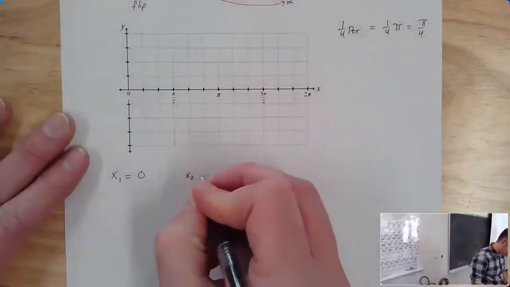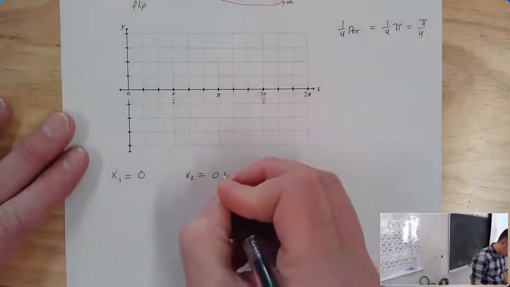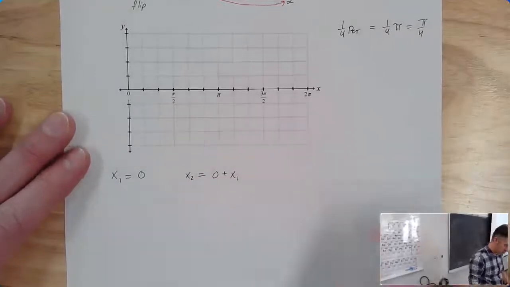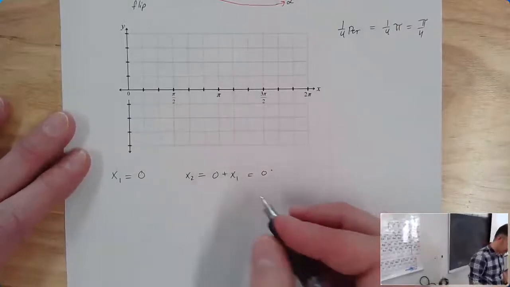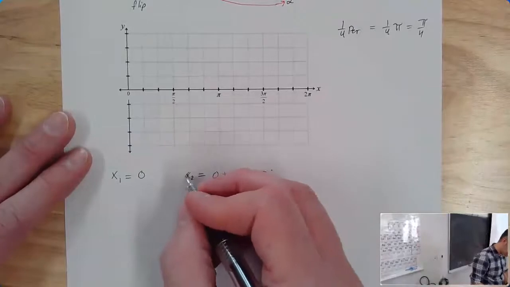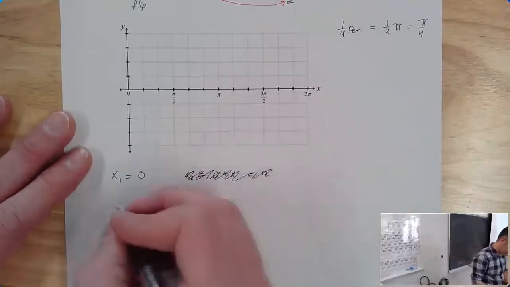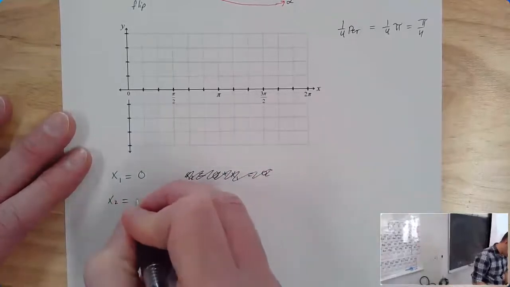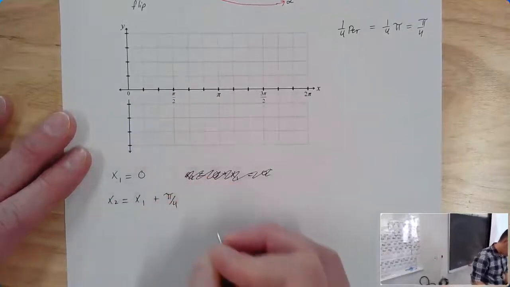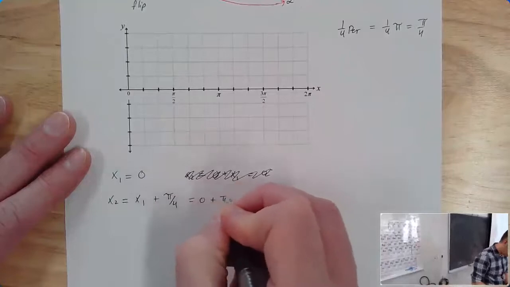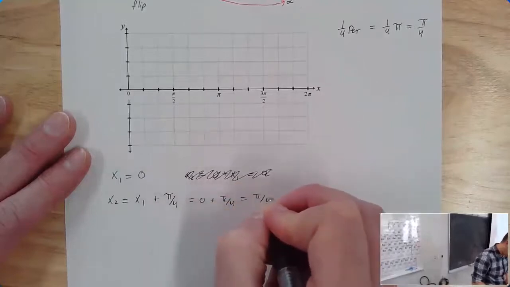My second spot is going to be, sorry, that's a mistake. It's the previous spot plus 1/4 of my period, which is 0 plus pi over 4, which is pi over 4.